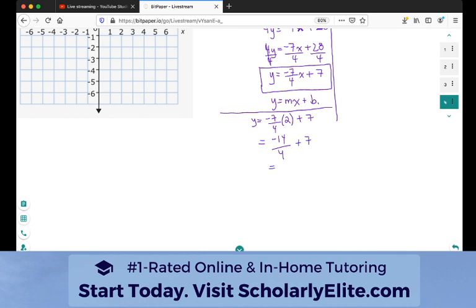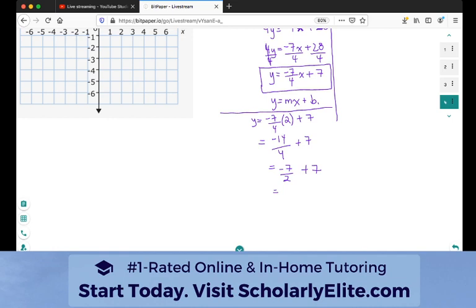And obviously that's not going to give us an exact number, but we can reduce that to negative 7 over 2 plus 7. So that's going to be negative 3.5, but I'm going to leave this as a fraction just because that's easier.